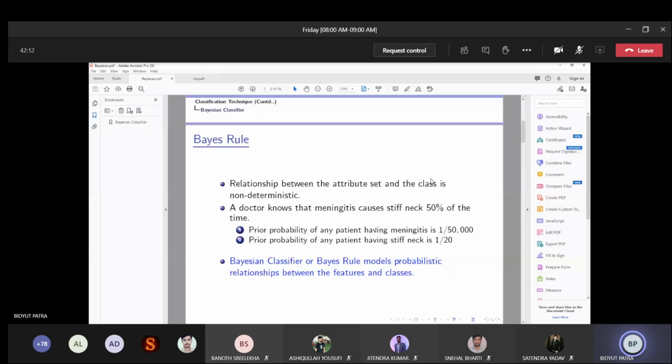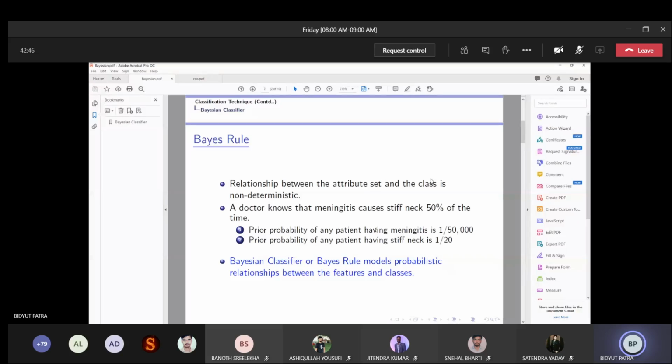So the relationship between the attribute set and the class is non-deterministic. In such a situation we can use this classifier. Otherwise, from the given data set we can also compute the probabilistic value and then apply it. Let's say a doctor knows that meningitis causes a stiff neck 50% of the time. So if any person has meningitis, there is a 50% chance that the person will get a stiff neck.